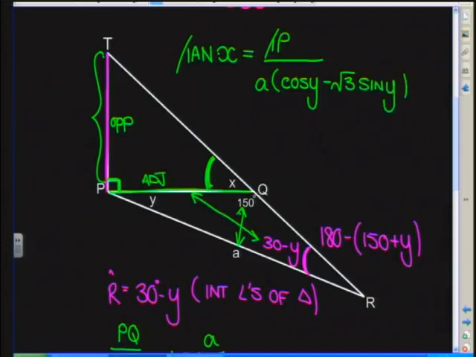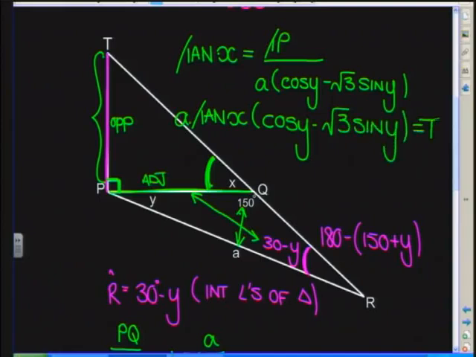Okay, and one last step is obviously to multiply it up on the other side. So I'm going to say tan x multiplied by, because I'm multiplying, I can rearrange the order a little bit. So I'm going to put A in the front, and I'm going to put the bracket of cos y minus root 3 sine y. And that's TP.